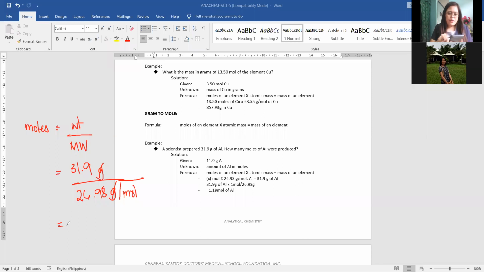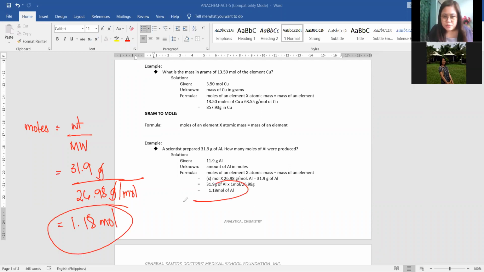So 31.9 divided by 26.98. The answer here is 1.18 moles of your aluminum. So that is how you convert grams to moles. Questions? Questions for the conversion? Moles to grams and vice versa. Grams to moles.